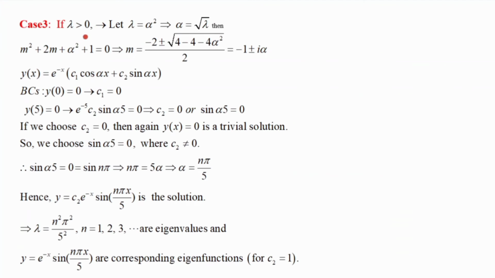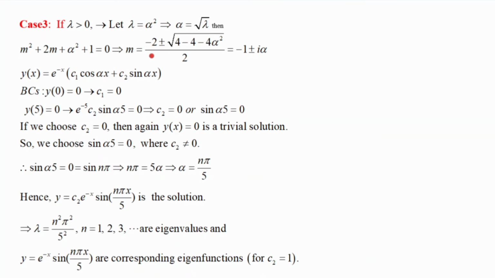Lambda is greater than 0. Here lambda greater than 0 means we consider lambda equal to alpha square. So when we put lambda equal to alpha square in our given equation and we choose the auxiliary equation, we get m square plus 2m plus alpha square plus 1 equals 0.